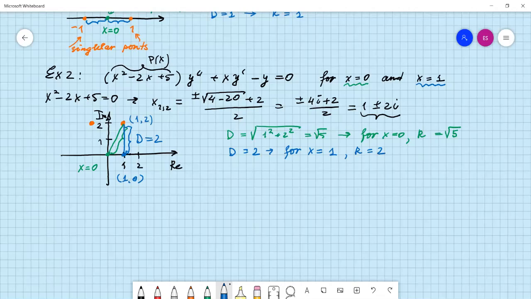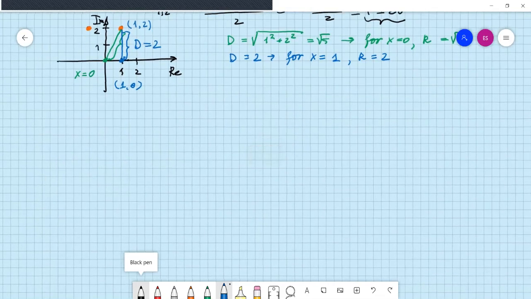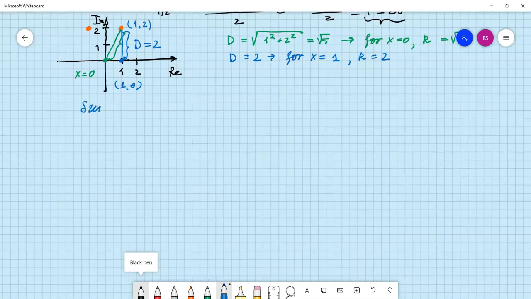Okay, a little summary on how to find singular points.